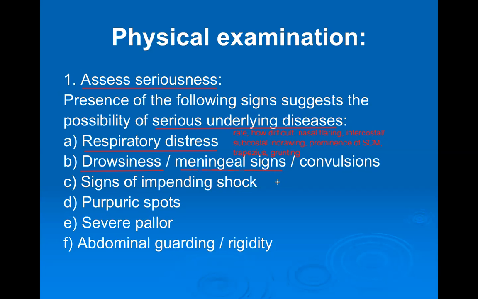Nuchal or neck, it's the same term. The neck is very rigid, we cannot flex it properly. First thing. Second, Kernig sign, and third is Brudzinski sign. These are called signs of meningeal irritation. If they are present, then there is a high probability of meningitis and meningoencephalitis.